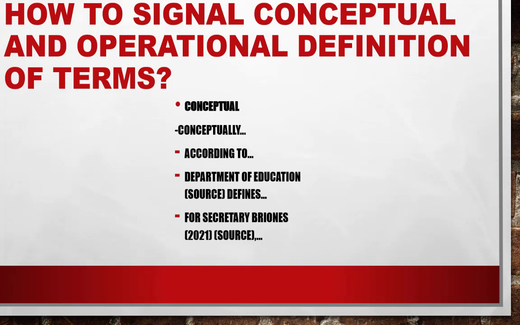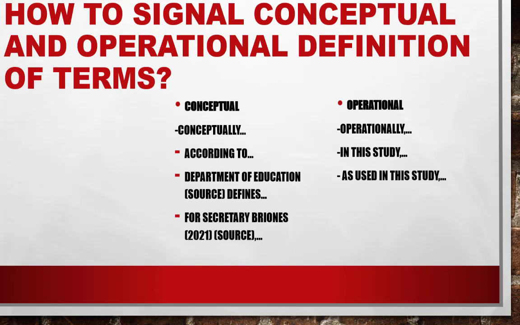Those are the signals for the conceptual definition. And for the operational definition, you can signal it using the words "operationally" or "as used in this study." So these are the signal words or groups of words that will tell that you are now defining the terms conceptually or operationally.